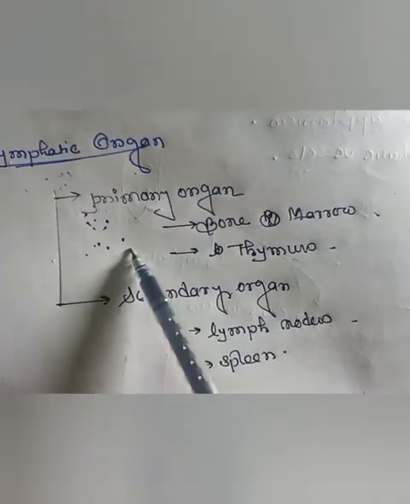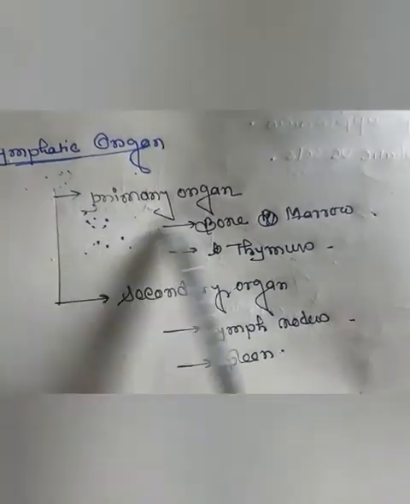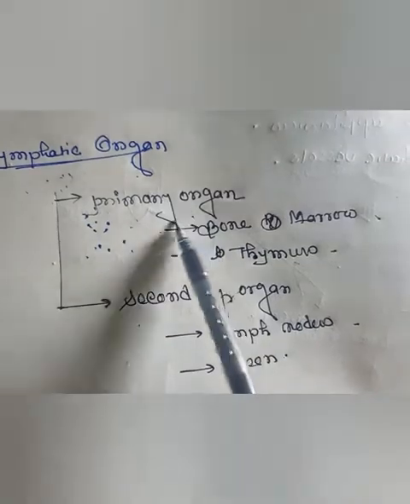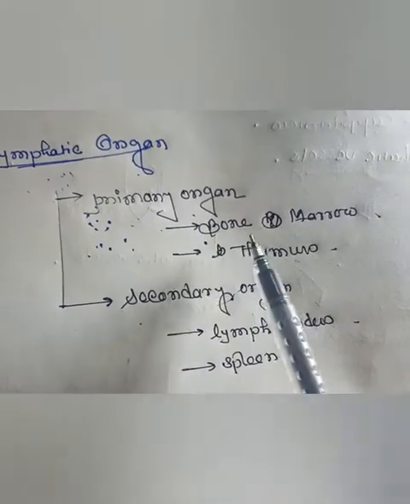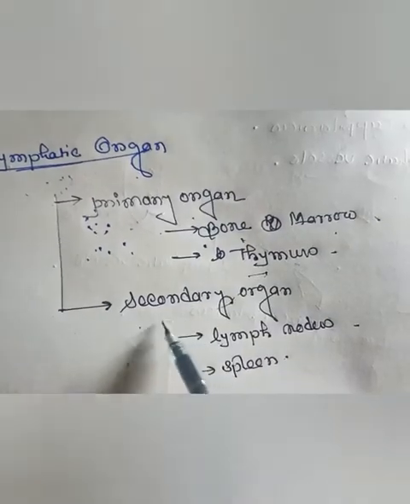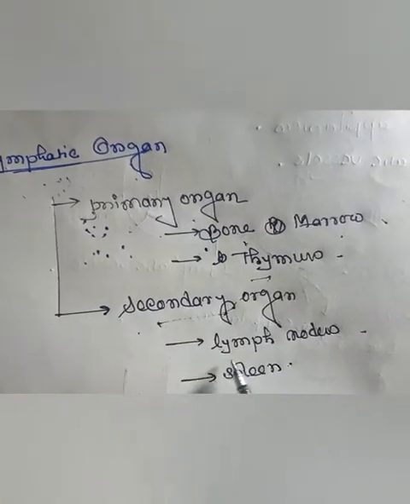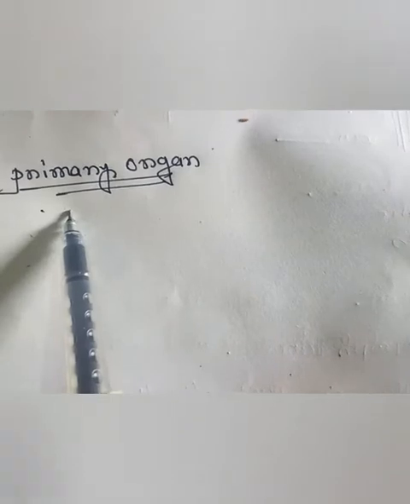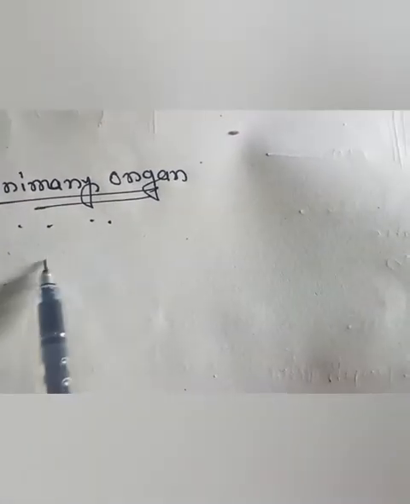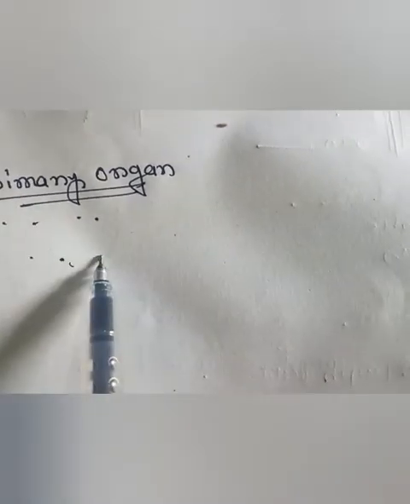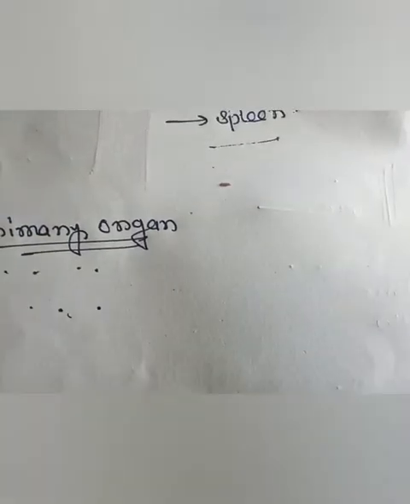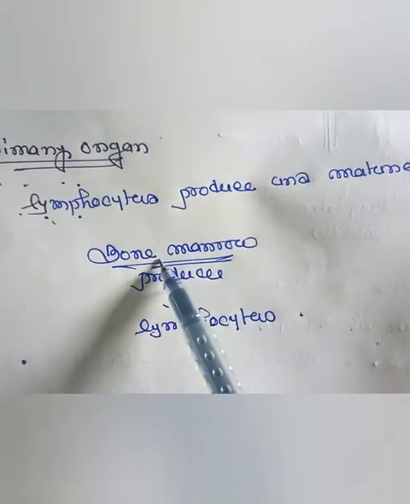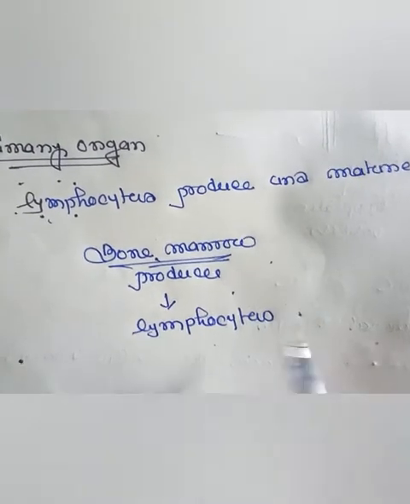These lymphatic organs are of two types, primary organs and secondary organs. The primary organs are the bone marrow and thymus, and the secondary organs are the lymph node and spleen. Now I will discuss the primary organs. In these organs lymphocytes are produced and mature.